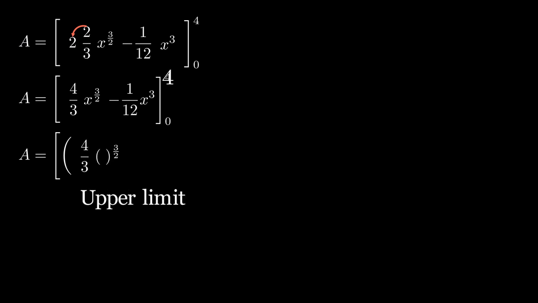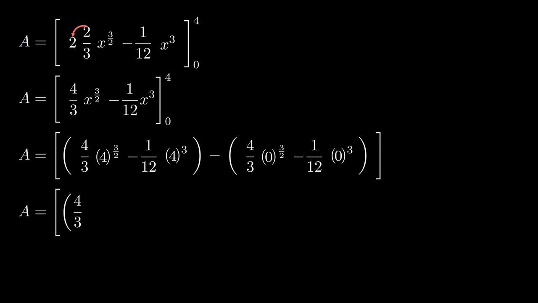Now substitute the upper limit x equals 4: 4 power 3 by 2 and 4 power 3. Then substitute the lower limit x equals 0: 0 power 3 by 2 and 0 power 3. Four, rewrite as 2 power 2, and 4 power 3 is 64.